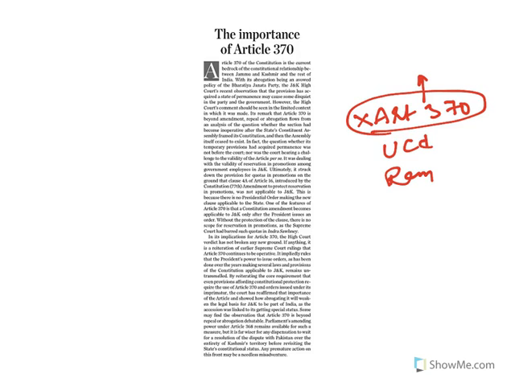Now, for any constitutional amendment to be applied to Jammu and Kashmir, a presidential order is necessary. So the High Court there struck down this 77th Amendment Act as not applicable to Jammu and Kashmir, because no presidential order was issued to extend it to that state.